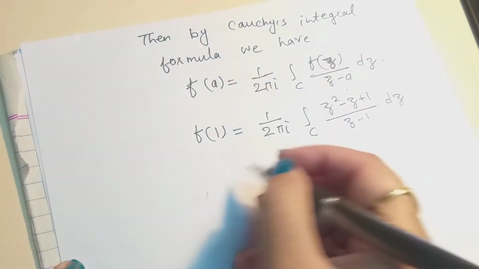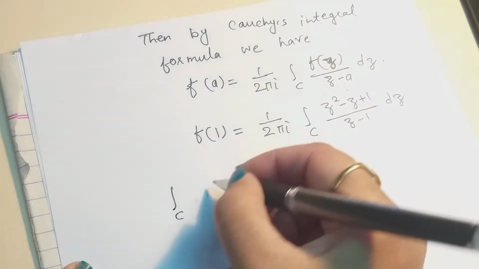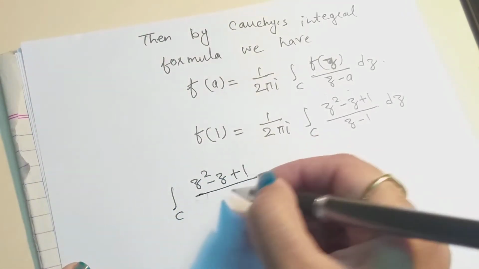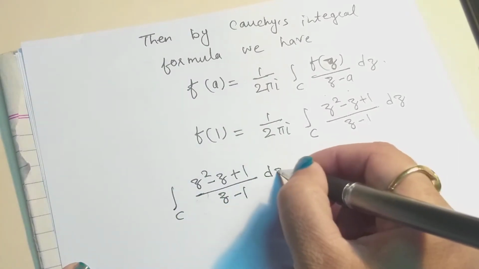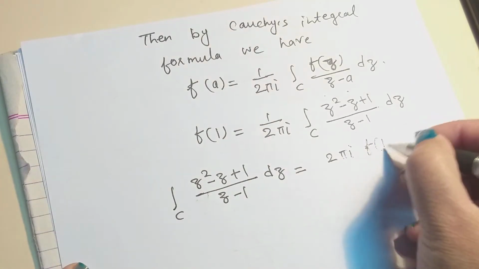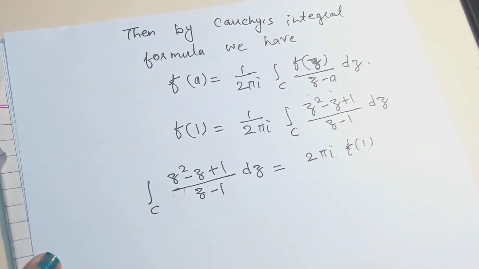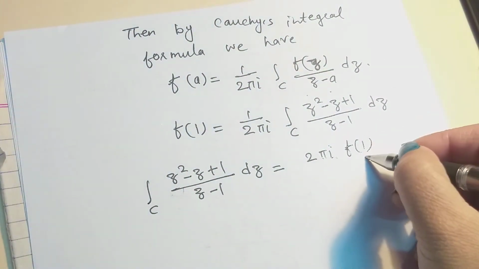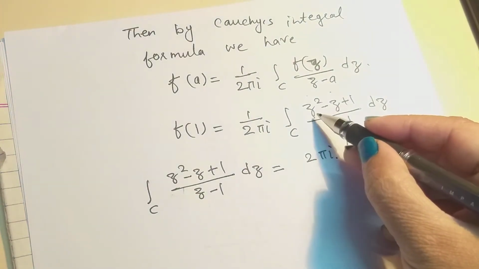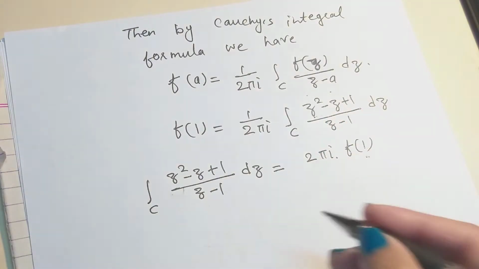So we can write it like this: integral of z square minus z plus 1 divided by z minus 1 dz is equal to 2 pi iota f of 1. So what will be the value of f of 1? In this value of f(z) we put z is equal to 1.